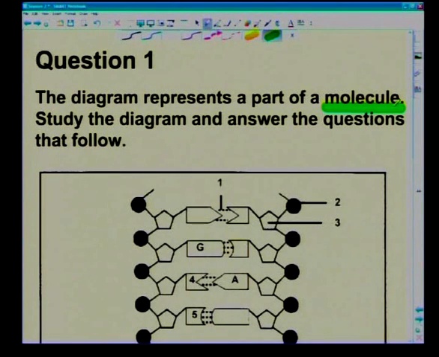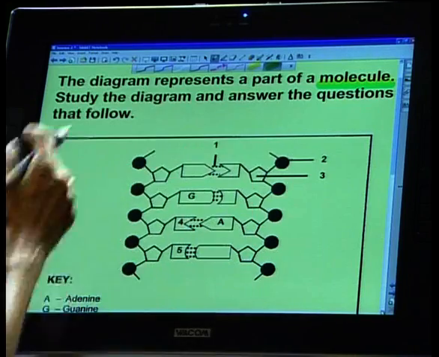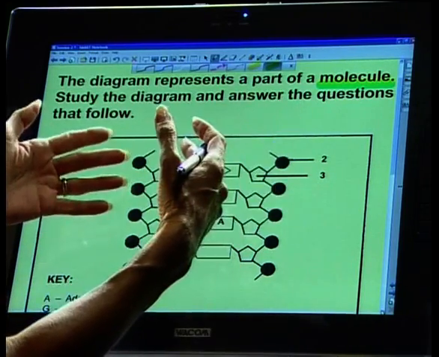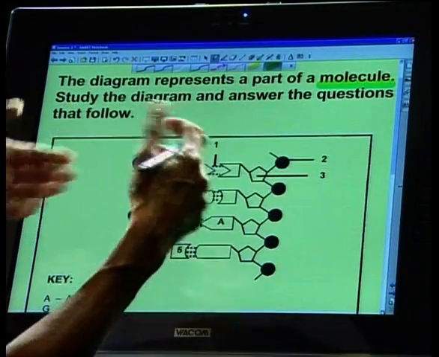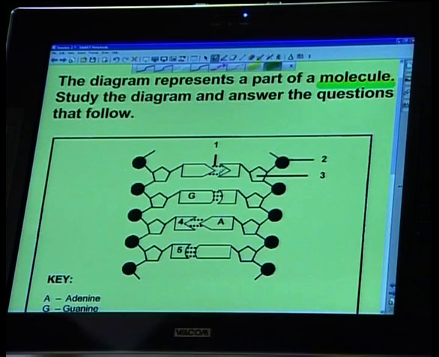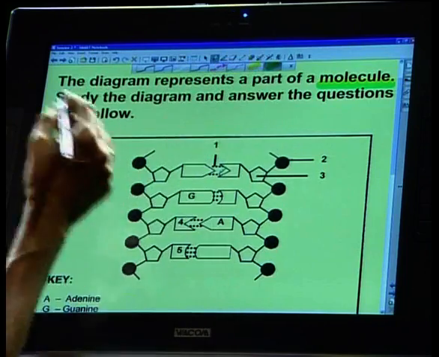Now we're going to have to check what molecule this is. Do we know what this is? It's a double strand. If it's a double strand with weak hydrogen bonds, it is going to be a DNA. Okay, study the diagram and answer the questions that follow.